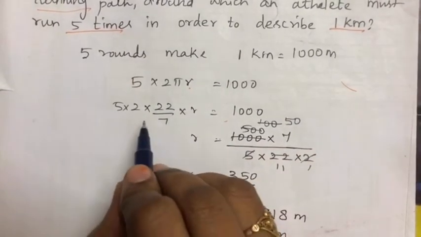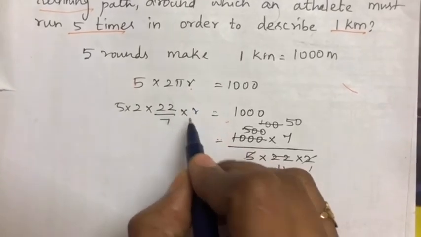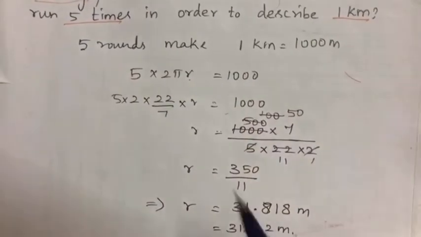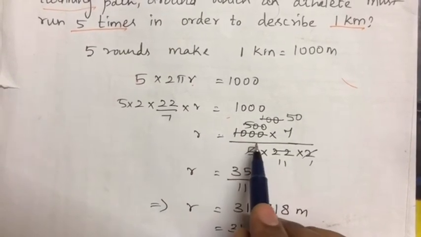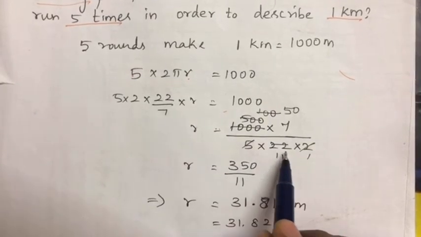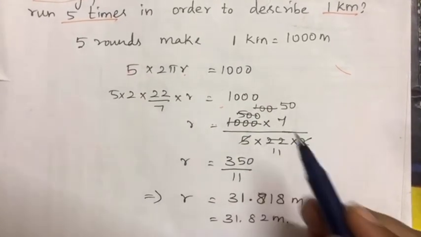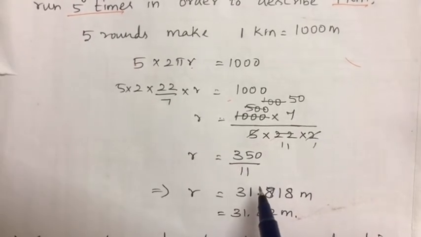So 5 into 2 into pi, which is 22 by 7, into r, that is equal to 1000. So to calculate r, we have to cross multiply it. So 1000 into 7 divided by 5 into 22 into 2. So after all simplification, we get 350 divided by 11.